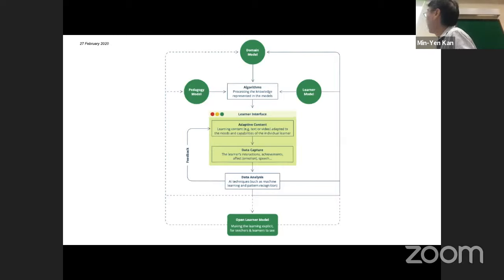It takes as inputs the learner model, and what pedagogy do you use to adapt the content for the student. Then you present it to the student. In return, you want to capture the student's interactions, the behavior, the learning. So the data capture, very much like learning analytics, captures all this, and then you try to analyze it and use it to adapt the instruction.